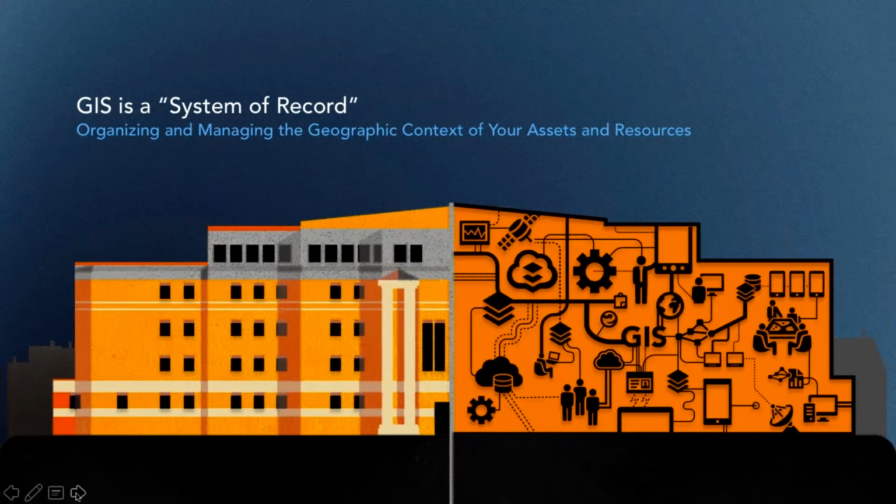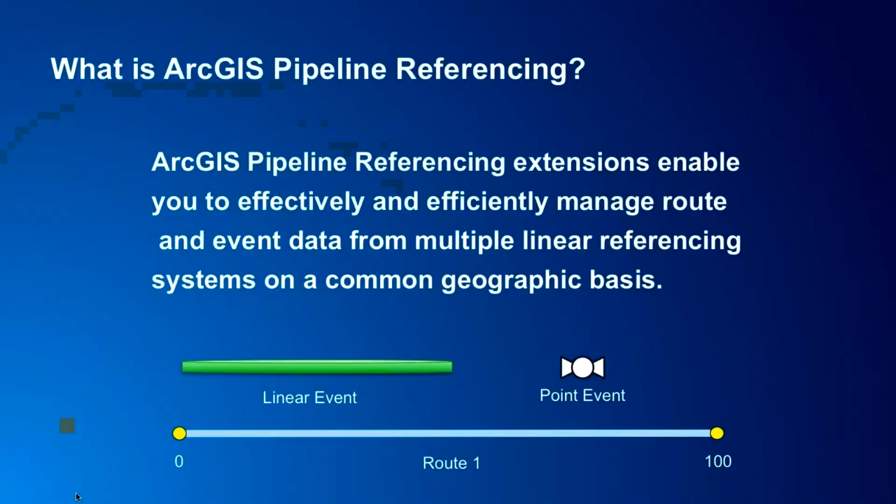So the GIS tends to be at the center, managing location about those assets. But these other systems of record are also integral into making decisions about the pipeline operations. So within that GIS core is where we really focused our development efforts related to APR.